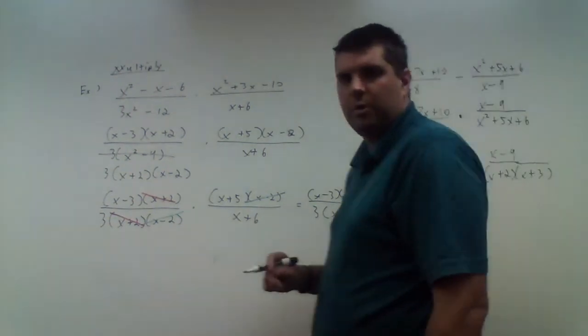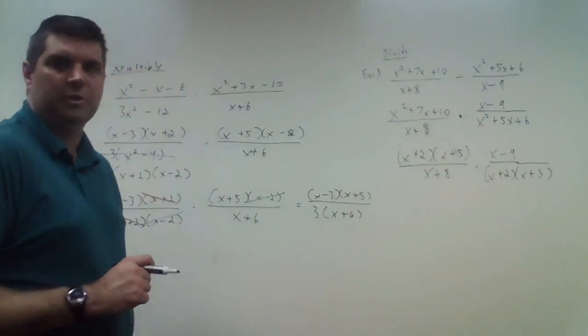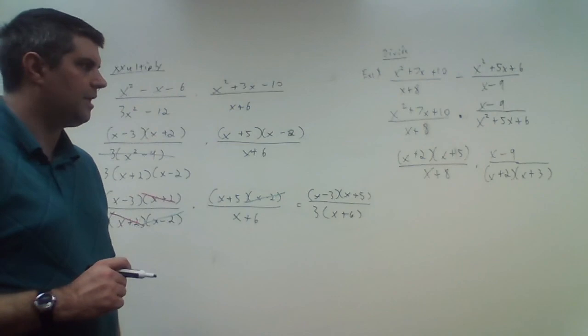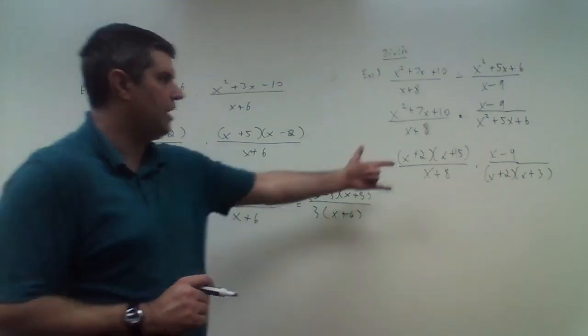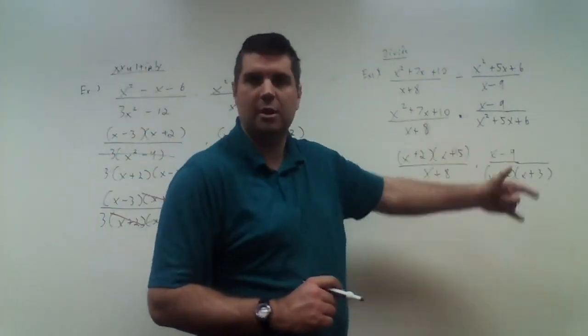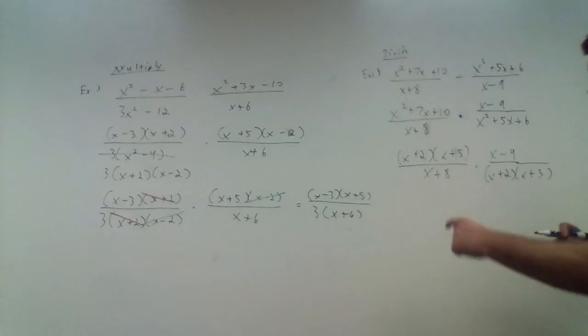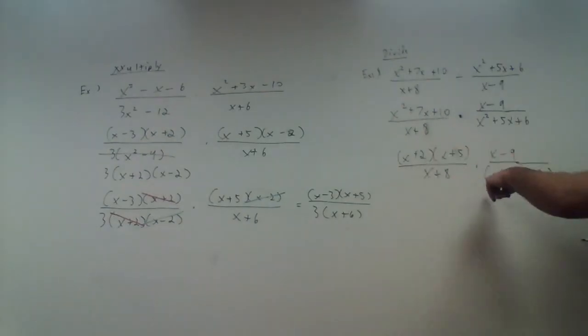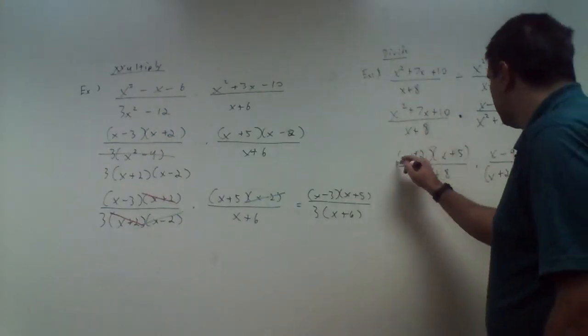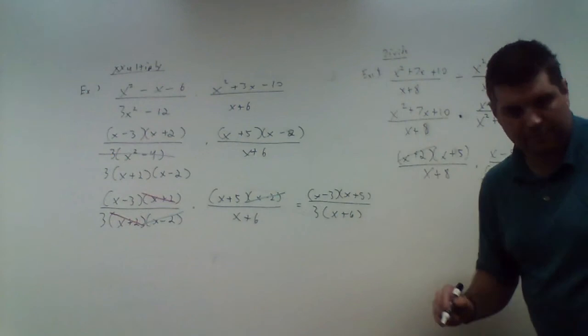Now what you do is you cancel what you can between the diagonals, within the fractions. Well, nothing cancels within either fraction, but you do have something that cancels diagonally, and that is these x plus 2's. So, cancel them.